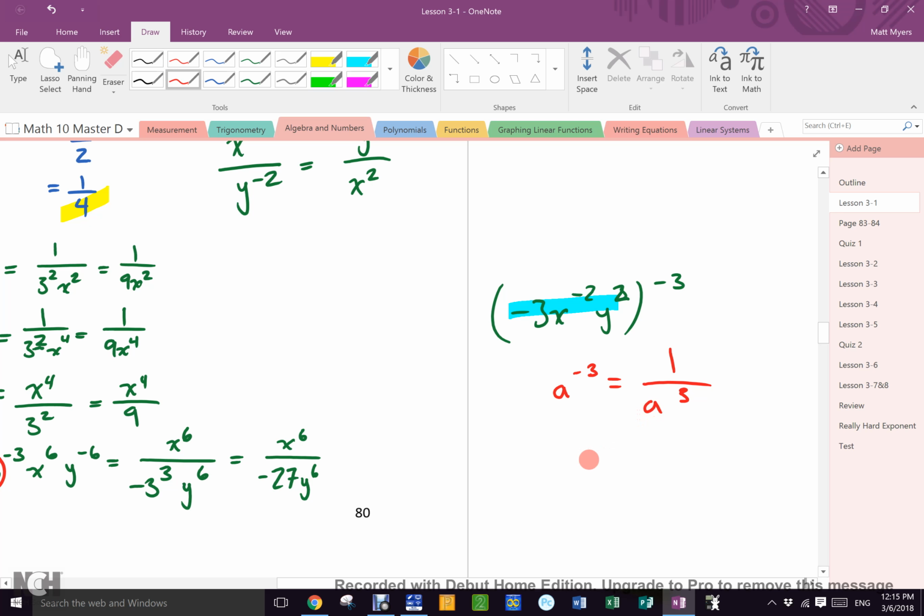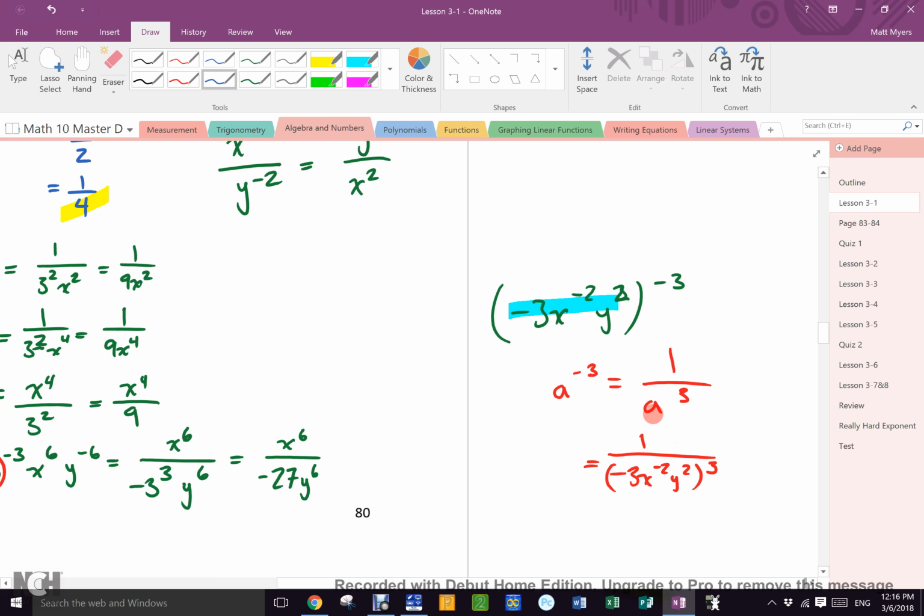And what was a again? Negative 3x to the negative 2y squared, all now to the positive 3. Then you can put all that in there and you'll end up with the same answer. Do I care which one you use? No. But I will tell you, this is very helpful when we go one step further, which would be this.